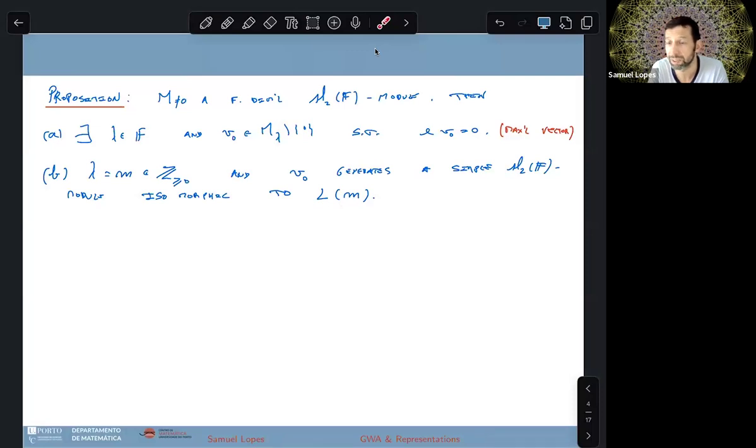Okay, so this seems like a lot, right? It seems surprising to be able to prove all of this, but we'll see. It's not very difficult. And it's very typical of an argument that one would do in the representation of Lie algebras. Okay, so let's start.